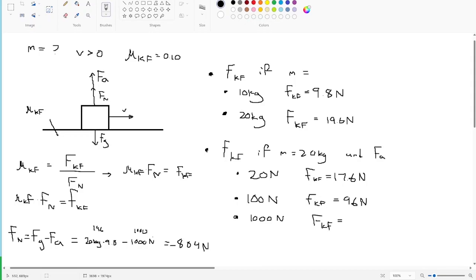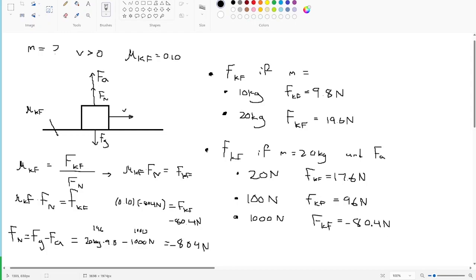Negative 804 newtons in this case. So let's go ahead and plug this into our equation. 0.1 times negative 804 newtons is equal to our force of kinetic friction, which is just going to be negative 80.4 newtons. So in this case, our force of kinetic friction is negative 80.4 newtons.